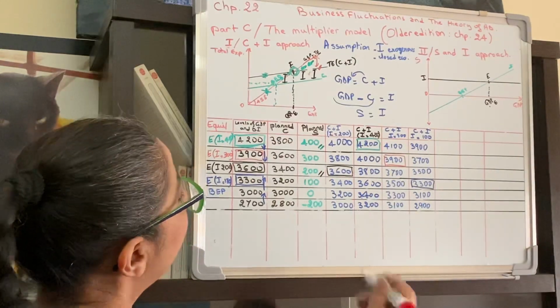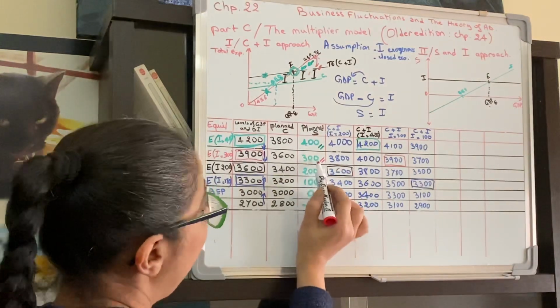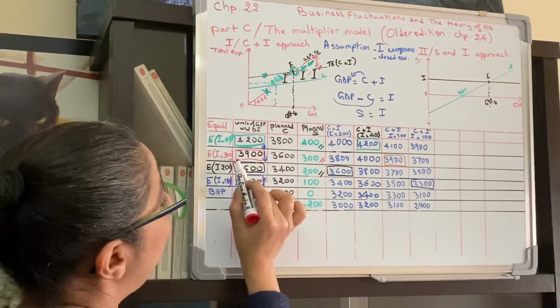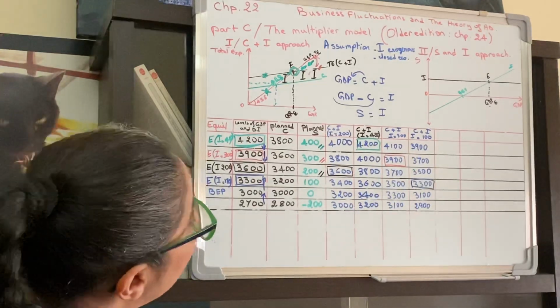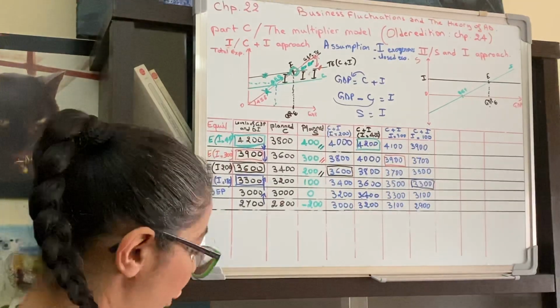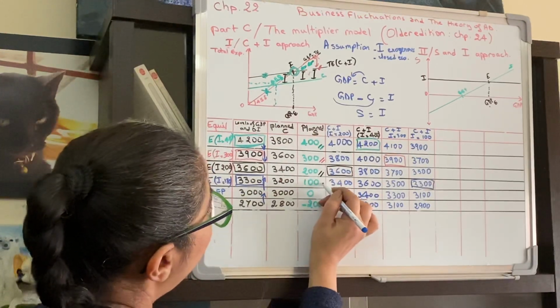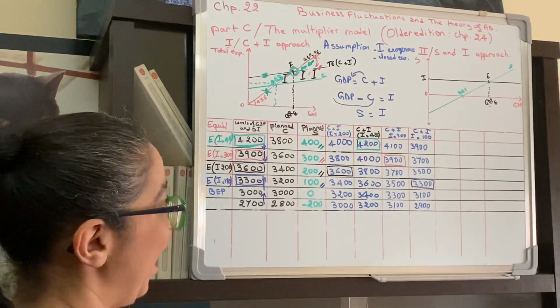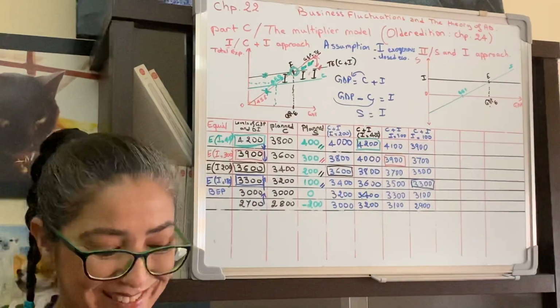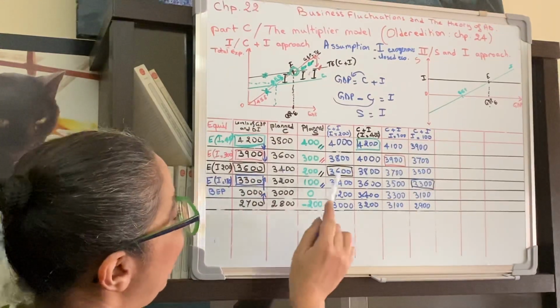300, so I come here, here is 300 in investments and saving, so my equilibrium is 3,900. The last one is 100. 100 is here, so my equilibrium GDP is 3,300. You get it? So that's the C plus I approach.